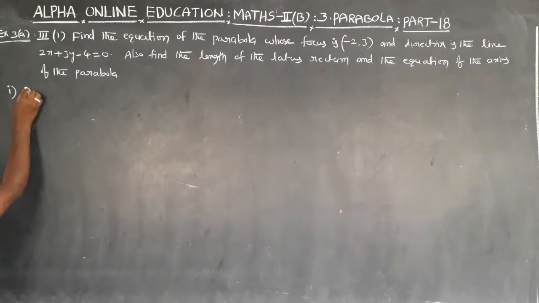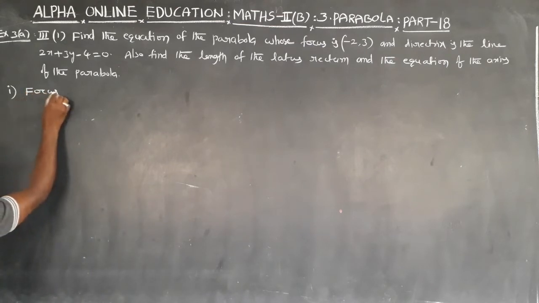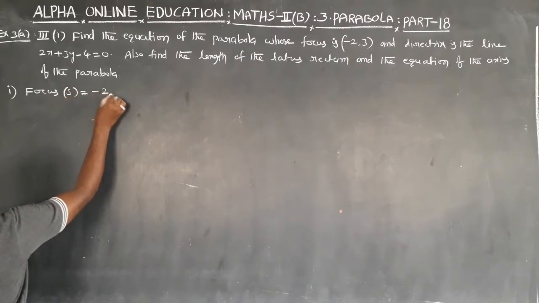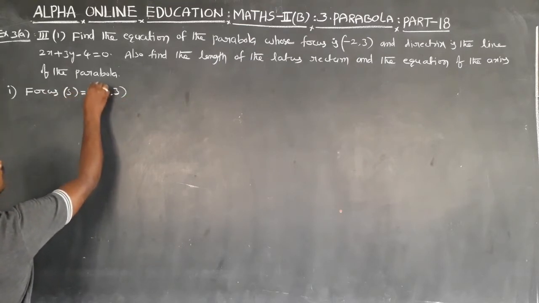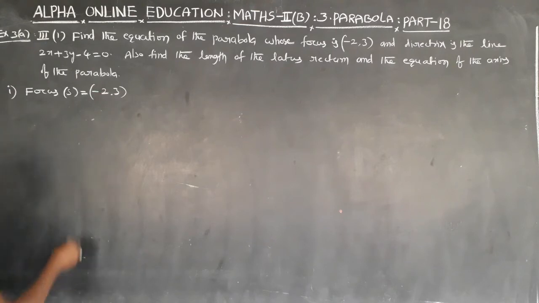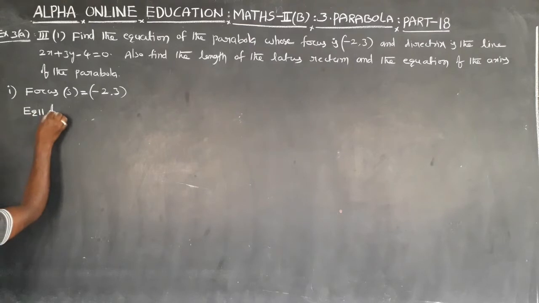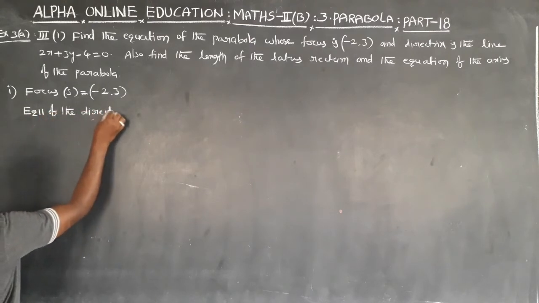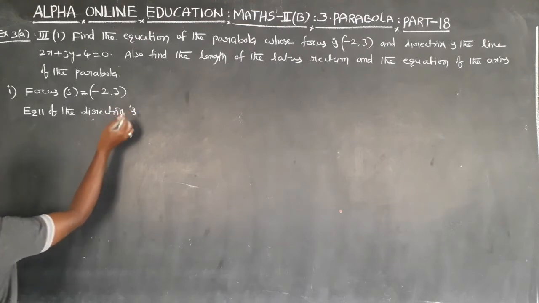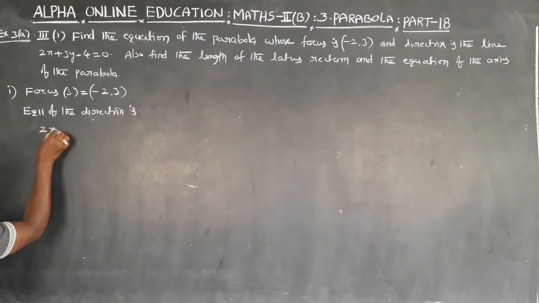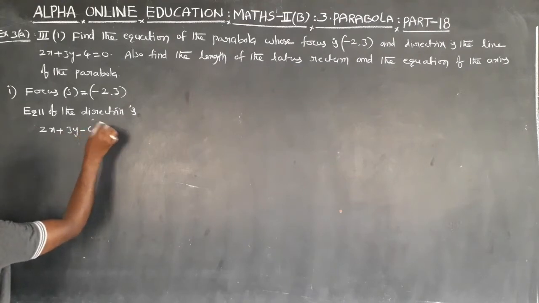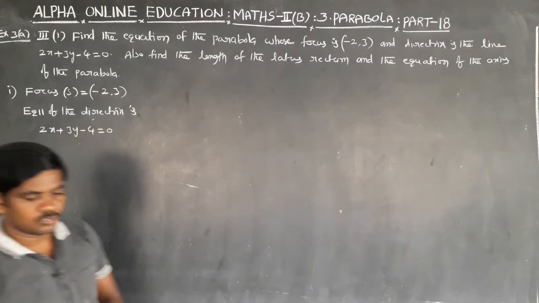Here given that focus S is (-2, 3). Next one is the equation of the directrix: 2x + 3y - 4 = 0.